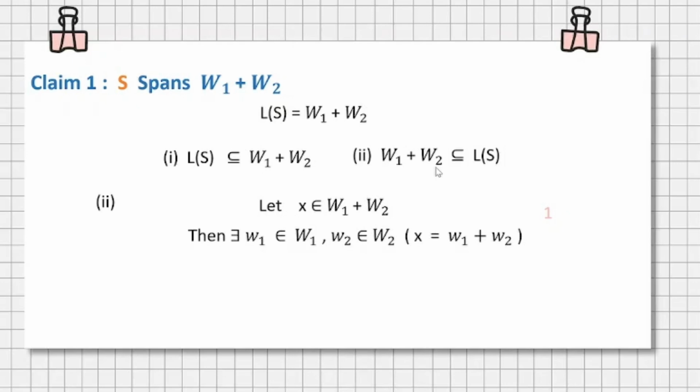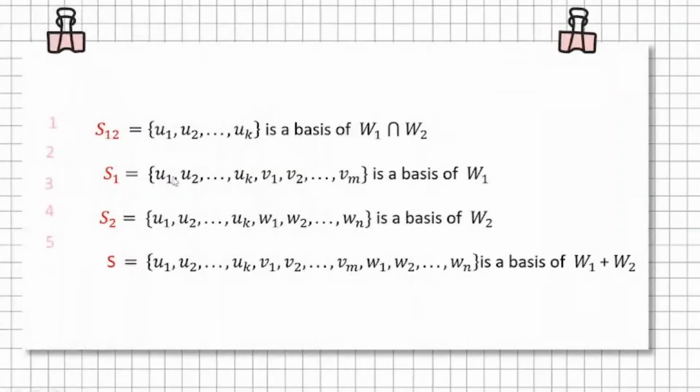If x belongs to W1 plus W2, then there exist w1 in subspace W1 and w2 in subspace W2 such that x equals w1 plus w2. S1 is a basis for W1 and S2 is a basis for W2, so an element of W1 can be written as a linear combination of elements of S1, and an element of W2 as a linear combination of elements of S2.